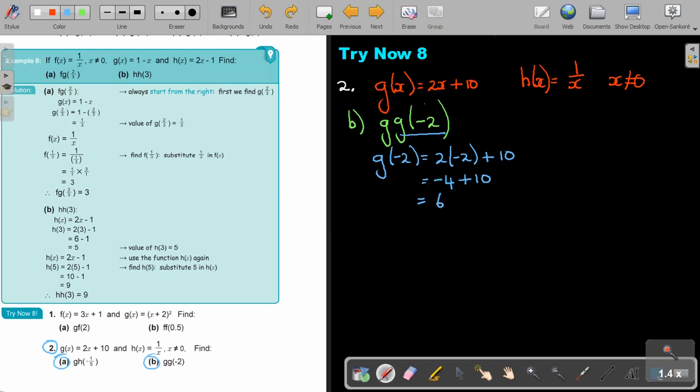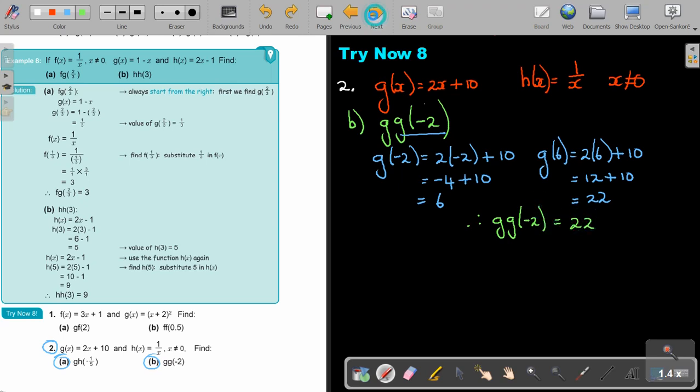So, if I'm going to say g(6), that result again into g, I keep to g, it's a double. So it's going to be 2(6) + 10, and that's 12 + 10, and that's going to be 22. And I like to end nicely by saying therefore g(g(-2)) is going to be 22.